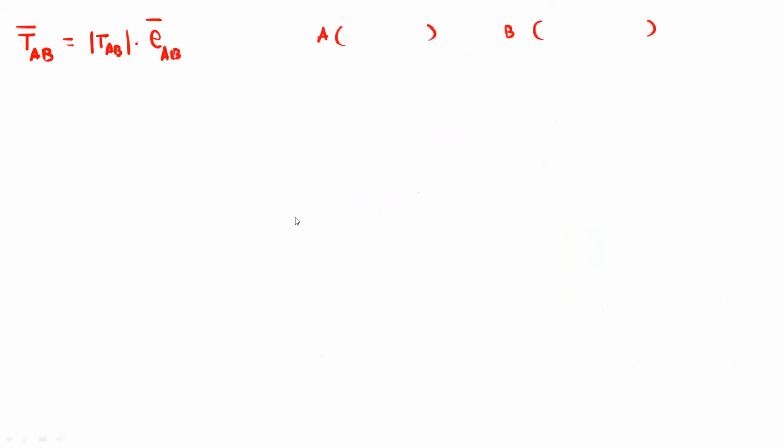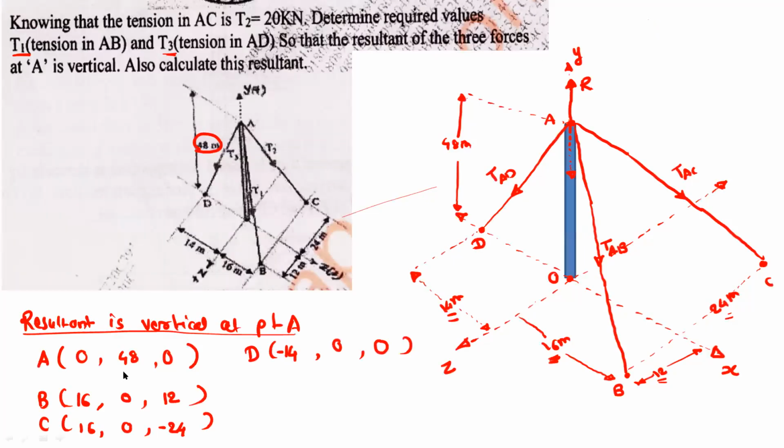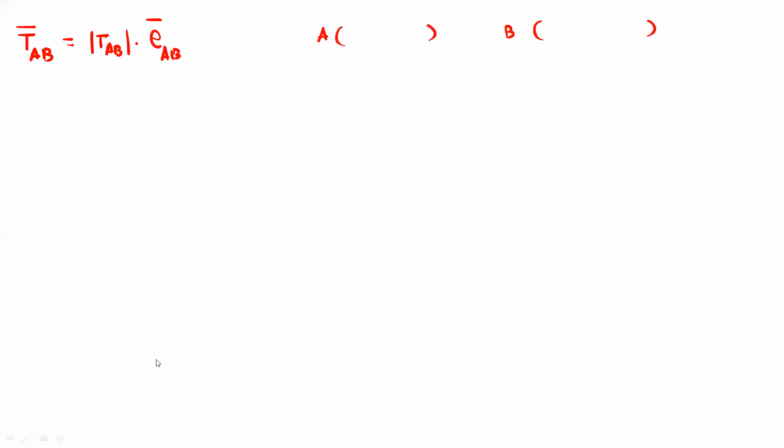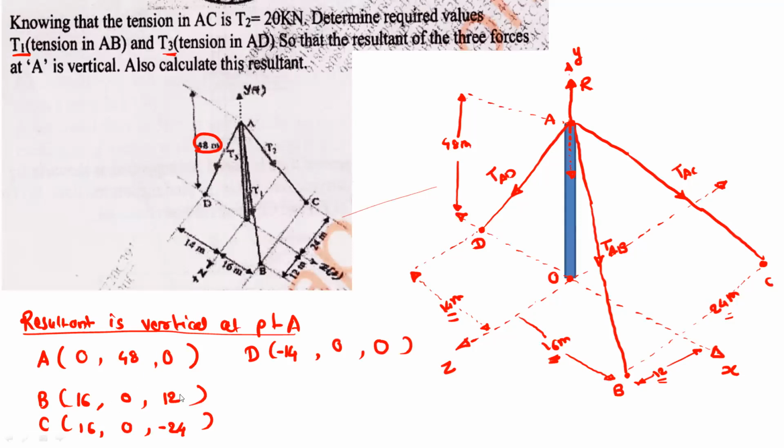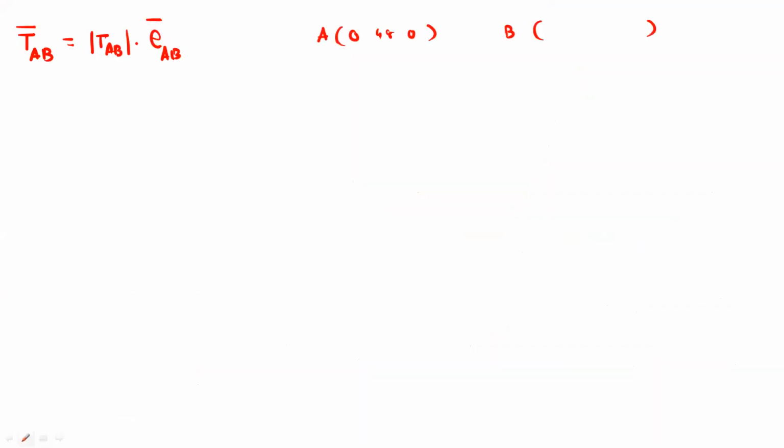Point A has coordinates 0, 48, 0, and point B is 16, 0, 12. So we can find this: this is tension AB, this is its modulus.